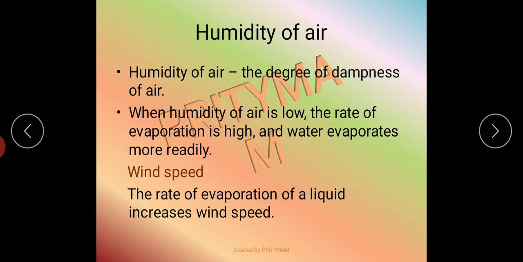The third factor that affects evaporation is the humidity of the air. The amount of water vapor present in air is represented by the term humidity. When the amount of water vapor present in the air is small, the air appears to be dry, and we say that the humidity is low.